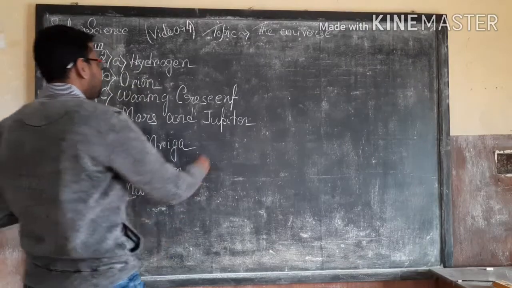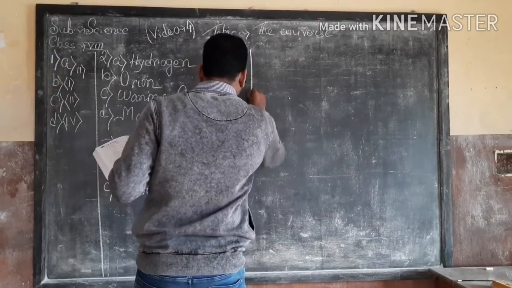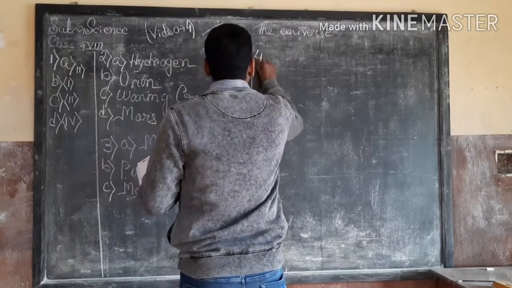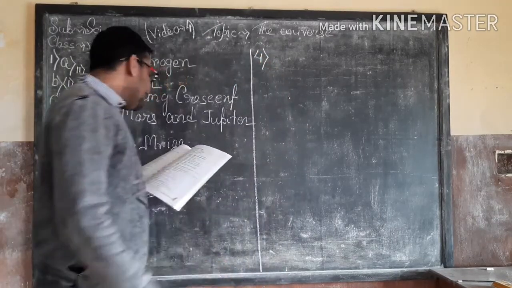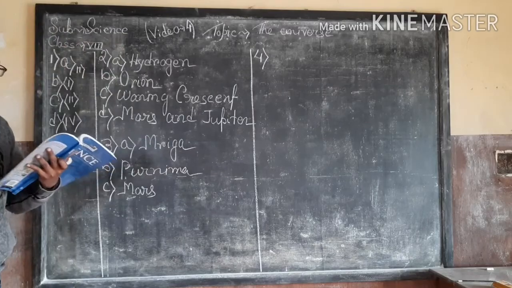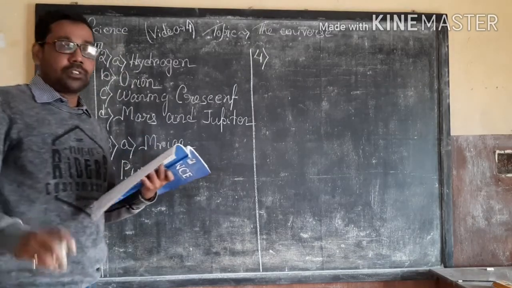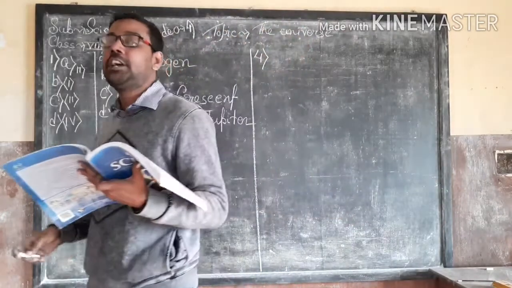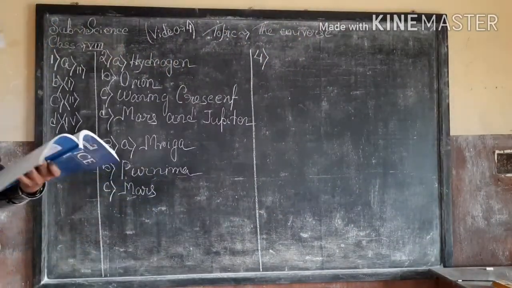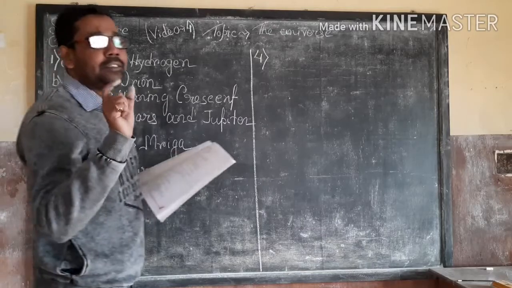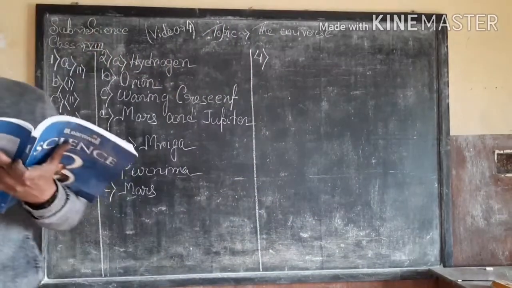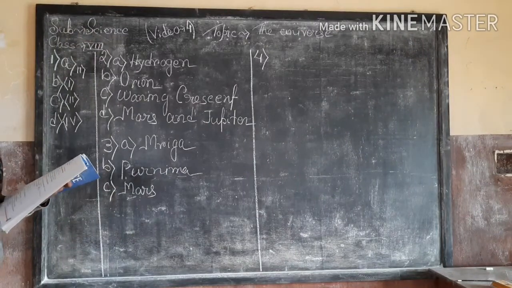Next, question number 4. Rewrite the statement correctly by changing the underlined words. Each question has a statement, and in between the statement, one word is underlined. Recognize that this word is wrong and replace it with the correct one.